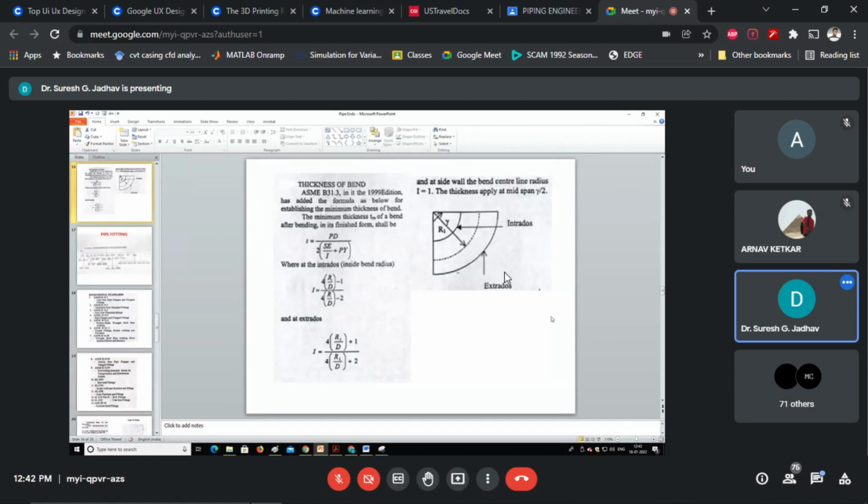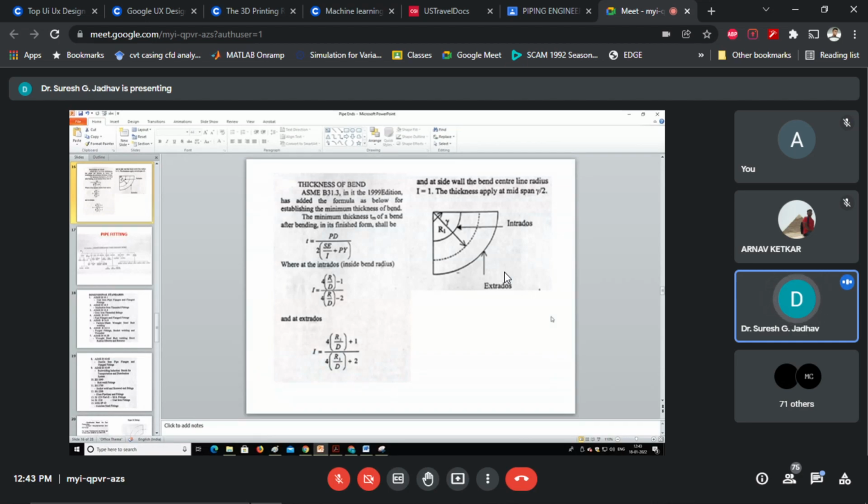Now see the thickness of the bend. To find out the thickness of bends, we can use different kinds of bends. Bends are actually MSS SP dash SP. These are manufacturer standards.